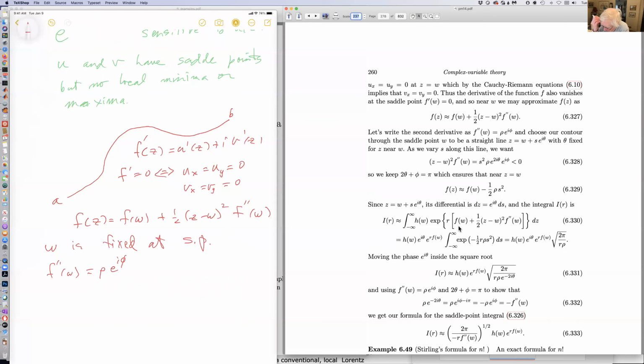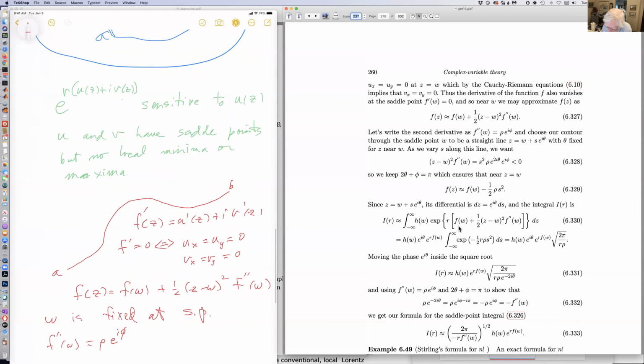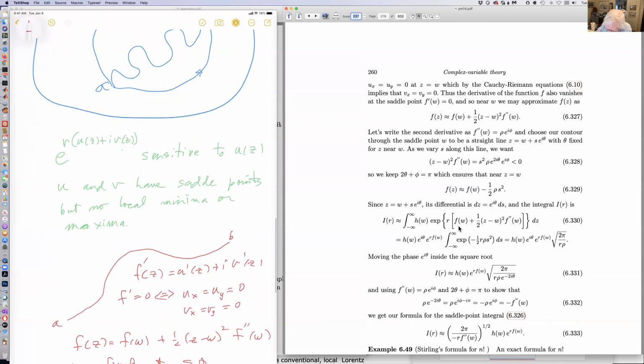And now we choose our contour through w. And what I should have done was maybe change colors a little bit here so as to indicate what this looks like. In other words, this thing is going up here.